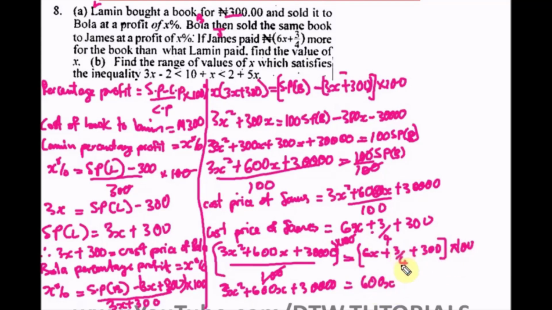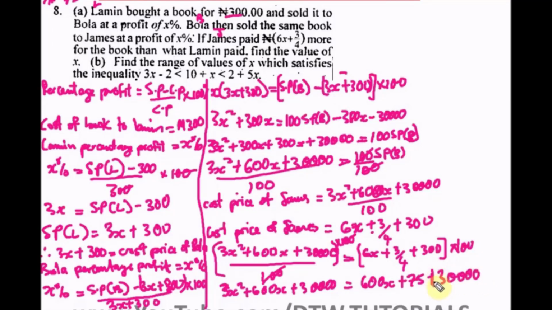And 100 times 3 over 4: 4 can go in 100 25 times, and 25 times 3 will give us 75. So 100 times 3 over 4 will be 75. Then plus 100 times 300 will give us 30,000.